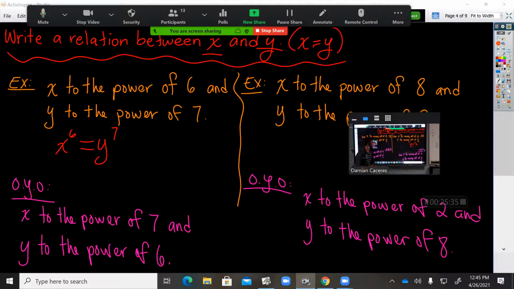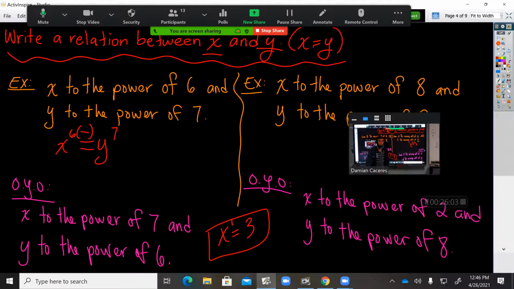So watch what happens here. When you get an x by itself, something like this, what's the exponent on your x? 1, right? So when I say get the variable by itself, I'm really telling you make sure that variable has a 1 exponent on it because that means it's by itself. You with me? So how would you make a 6 a 1?